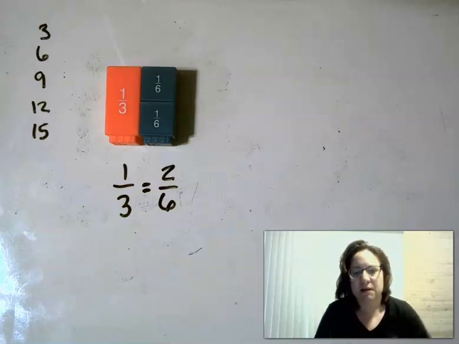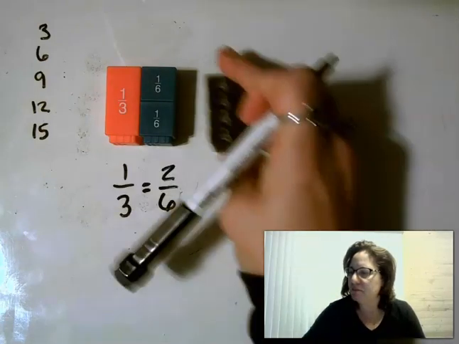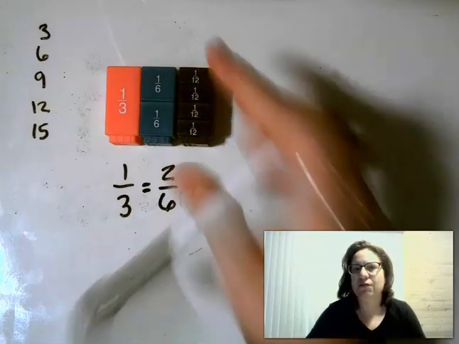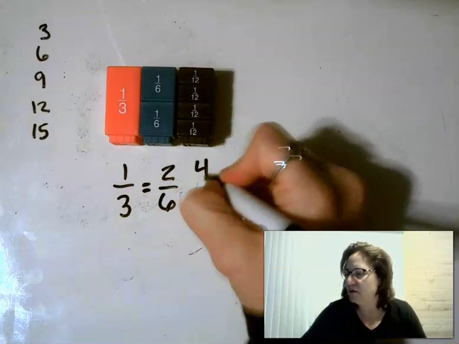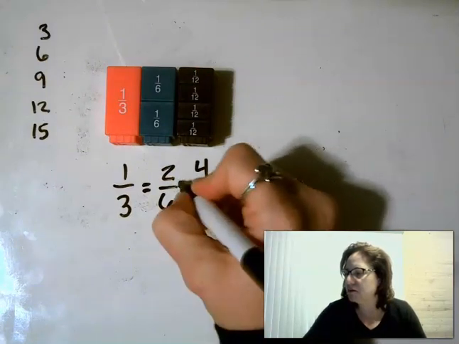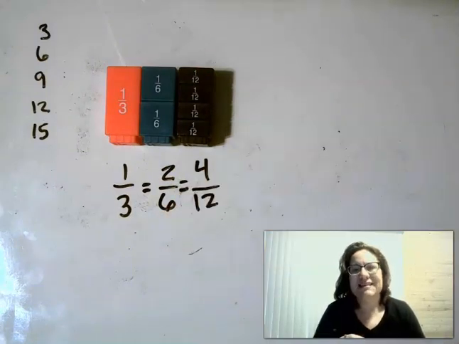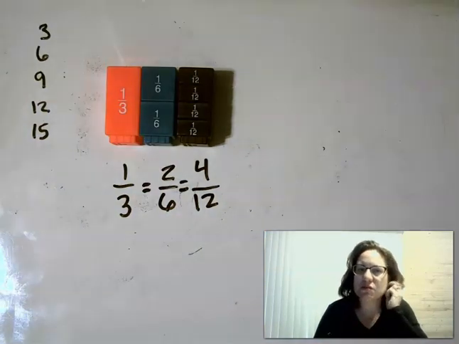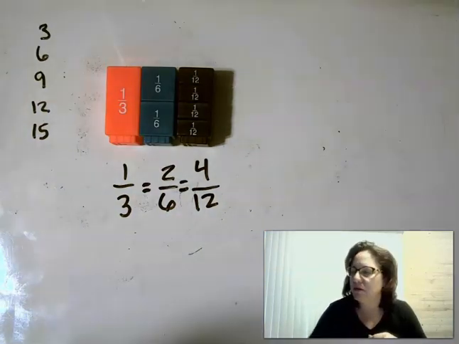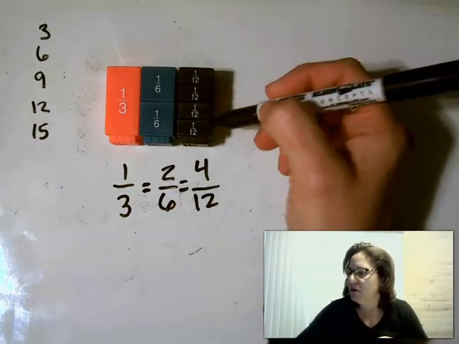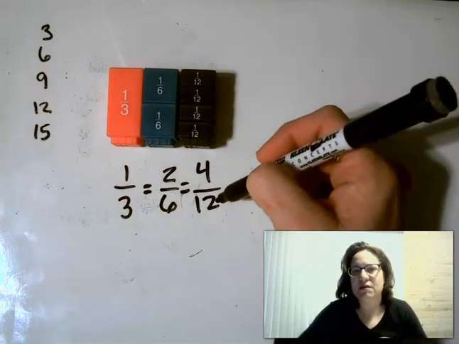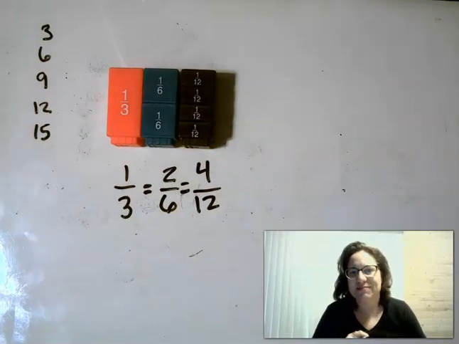Let's try twelfths. Okay, so 4 twelfths is equal to 2 sixths, which is also equal to 1/3. Look, 1, 2, 3, 4. 4 goes into 12 3 times.